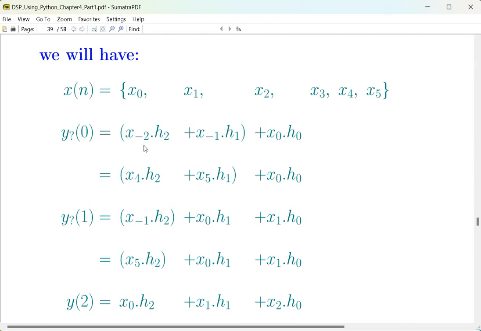Of course, x minus 2 this time will be x4 h2 plus x5 h1 plus x0 h0.